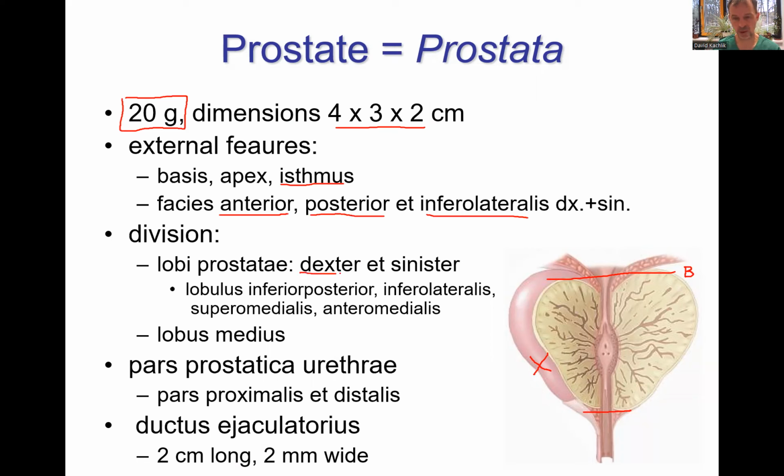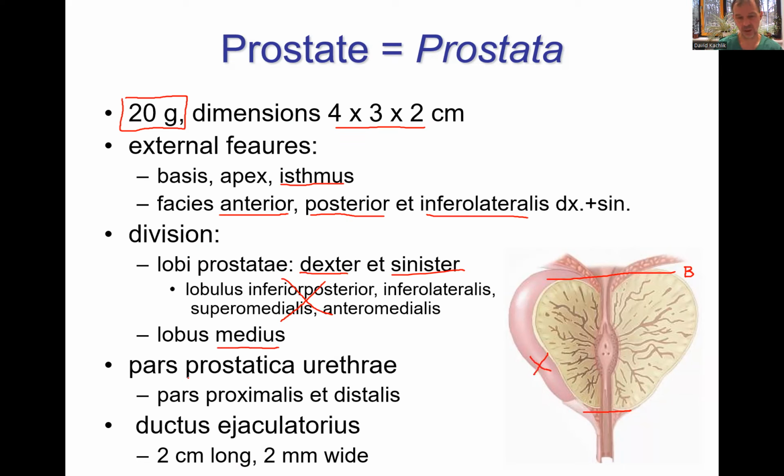We can divide the right and left lobe, and during development, several lobules, but they disappear at week 20 during the intrauterine life, so not important to know. And then we have a middle lobe, but the middle lobe is again visible only on the section together with the isthmus.